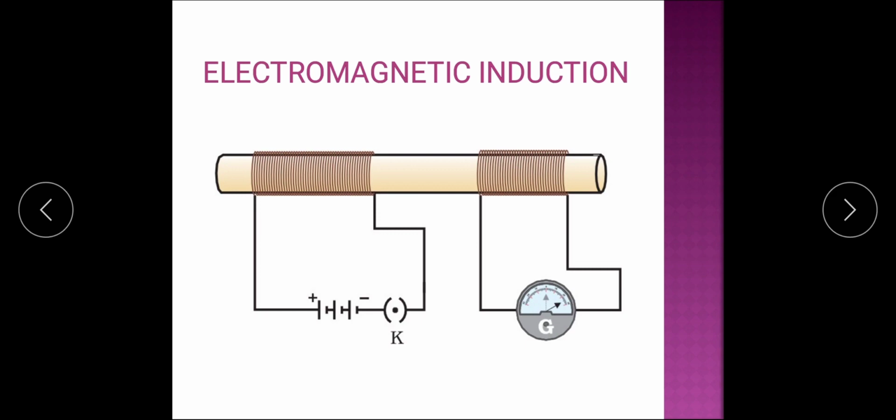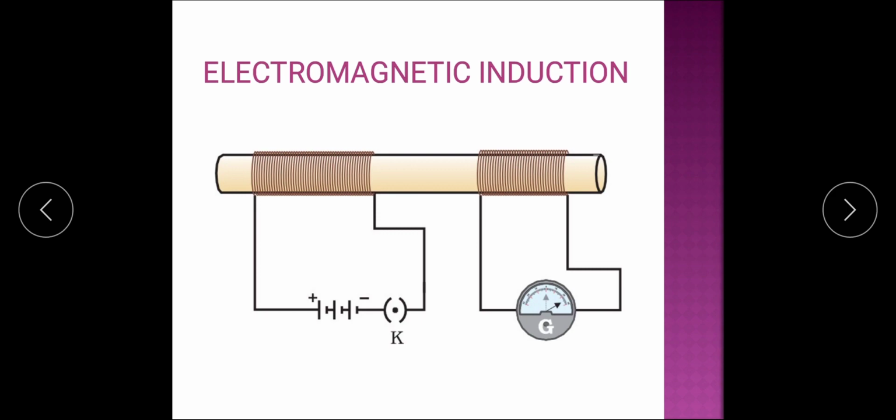Now why is it happening? When I will switch on the key, current will start flowing in the primary coil, and before reaching the maximum value, it will increase, although it will take a fraction of a second. But when it increases, the magnetic field produced by this primary coil will also increase, because we have learned in the topic of solenoid that the magnetic field produced by a coil is directly proportional to the current flowing through it.